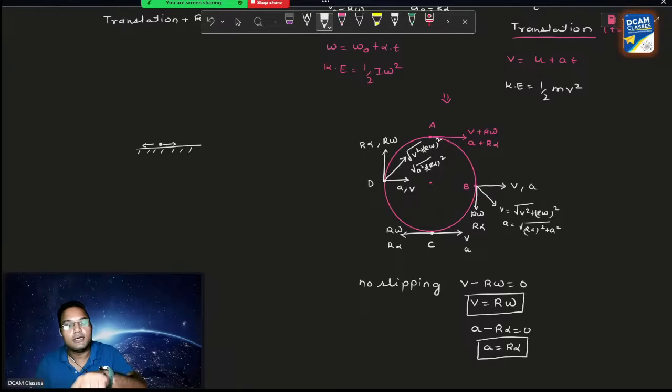Because of this alpha, the body gets the angular velocity, and due to this angular velocity, that r omega term comes, which cancels out the forward velocity v, and that's why the condition of no slipping occurs. That's why we say friction is very important in our daily life. If friction is not there, everybody will slip.